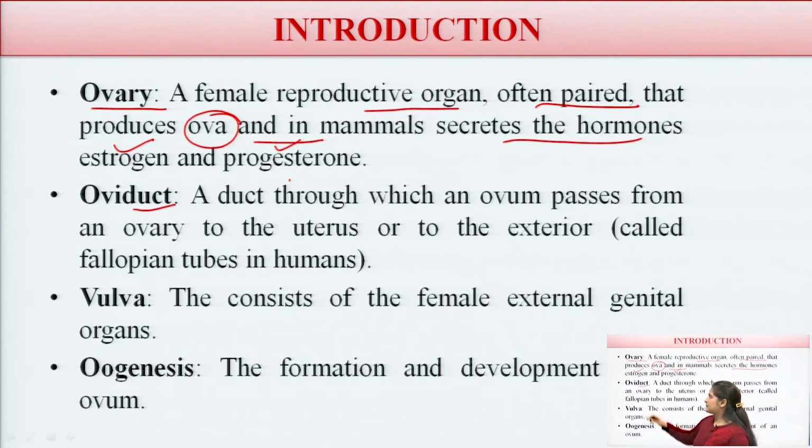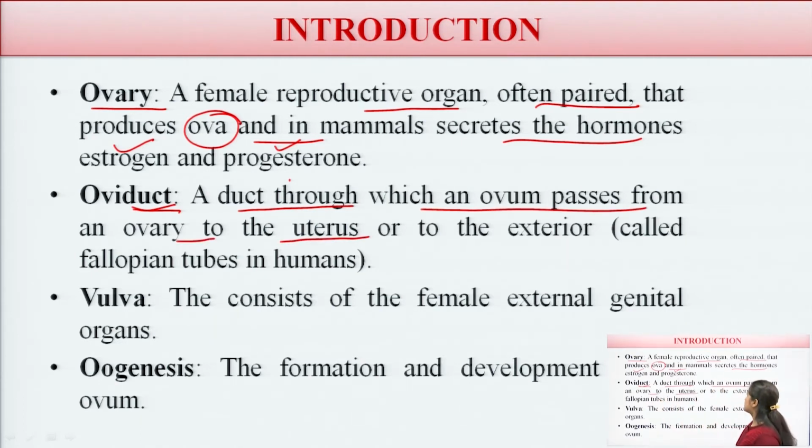The next one is the oviduct. As the word duct means a tube, the oviduct is a duct through which the ovum passes from the ovary to the uterus or the exterior, called the fallopian tube in humans.